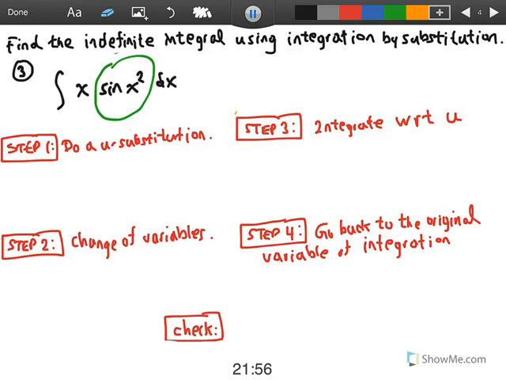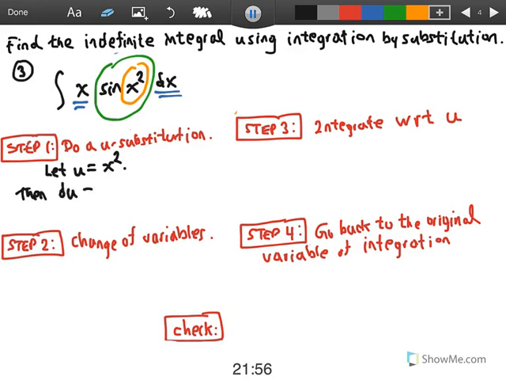But as far as doing integration by substitution goes, you should see that if you let u be equal to x squared, the differential of u will be 2x dx. And although we don't have 2x dx, we do have x dx, and we can easily deal with the constant 2 as we saw in number 2. So now our u substitution will be: let u be equal to x squared.